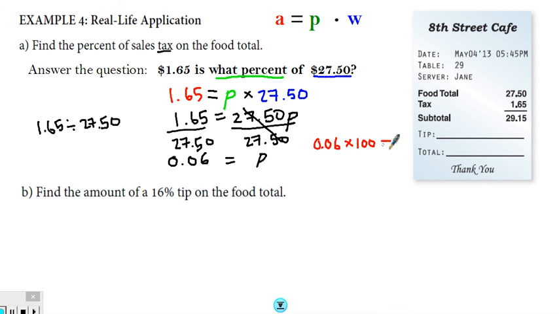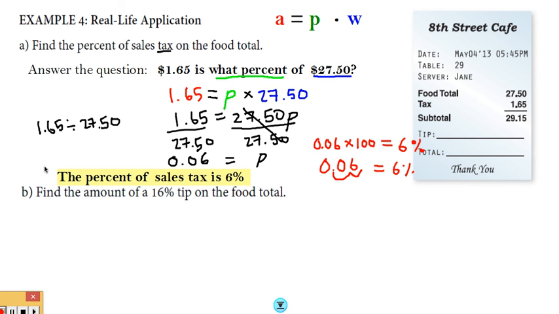That's going to give you a 6. So that's going to be 6%. Or you can move the decimal point twice to the right to get 6%. So our answer is 6%. The percent of sales tax is 6%. That's our final answer.